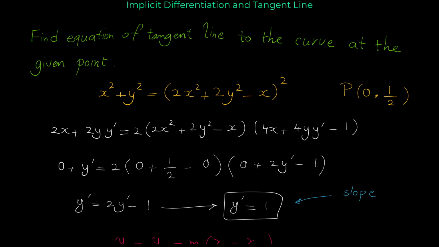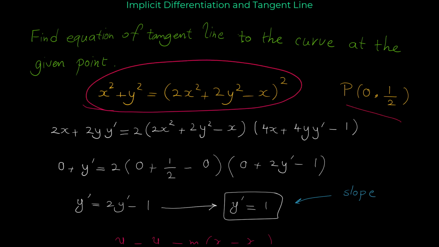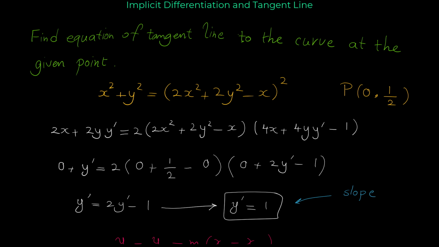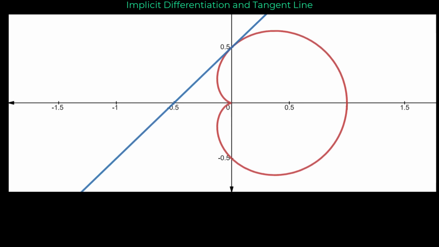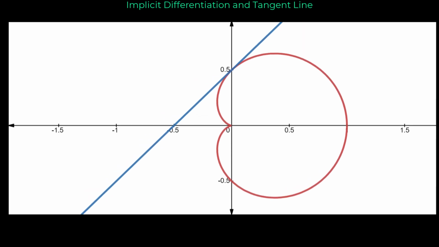Before I finish this video, let me show you the graph of this and its tangent line at this point. It's not bad to see the graph of this relation, not a function because it's not a function, and its tangent line. Here you can see the graph of that implicit relation.